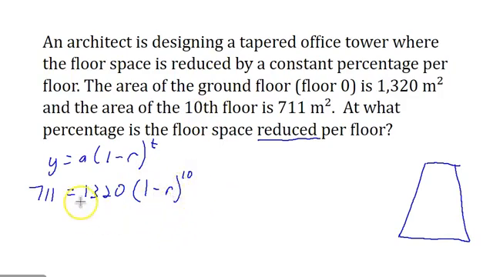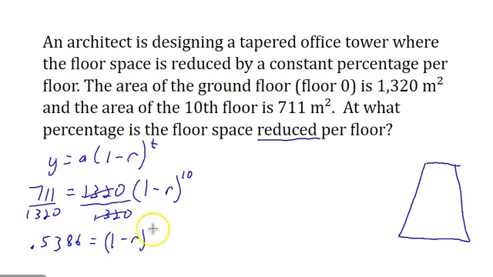All right, we'll get this exponential term by itself by dividing both sides by 1,320. And using lots of decimal places, because we're not at the answer yet, we get 0.5386. And that equals 1 minus r to the 10th power.